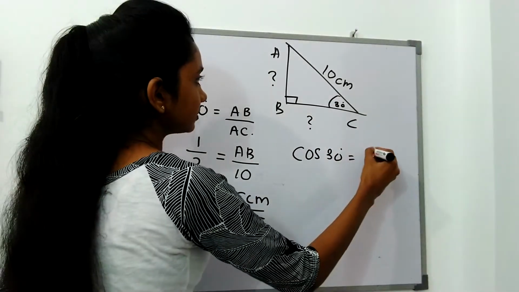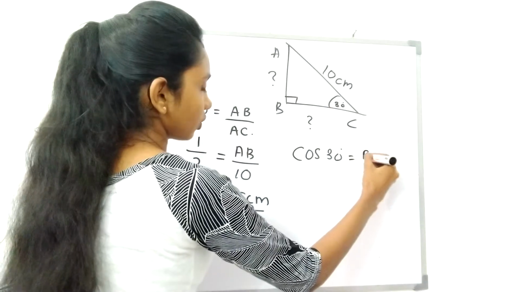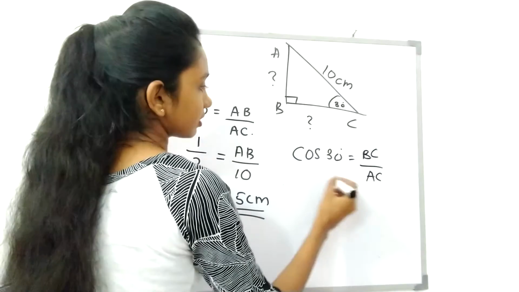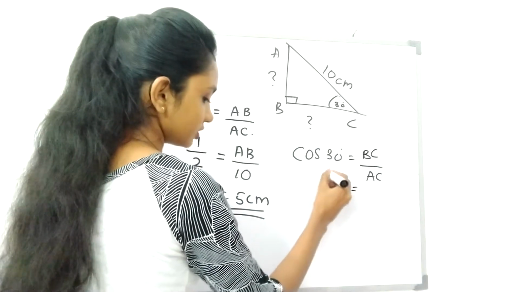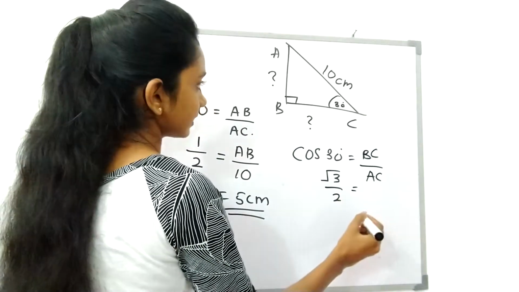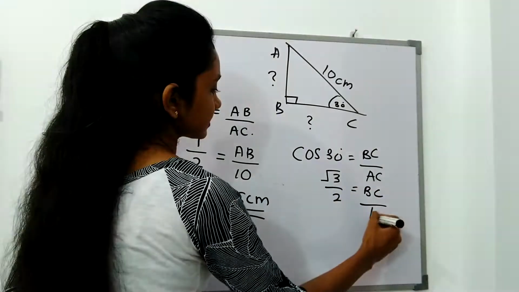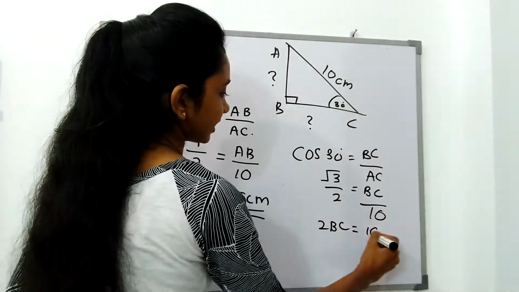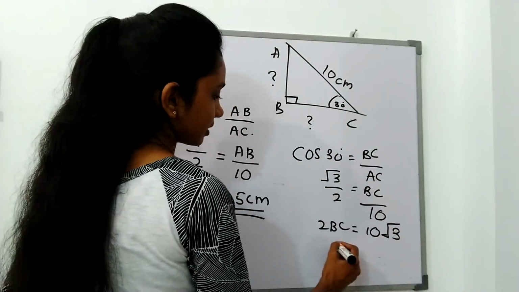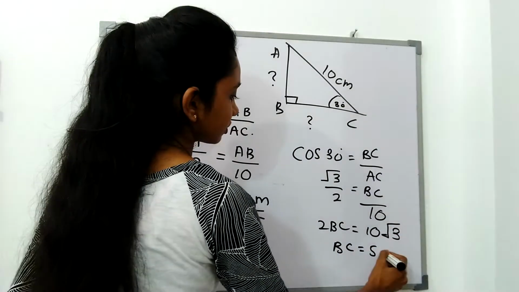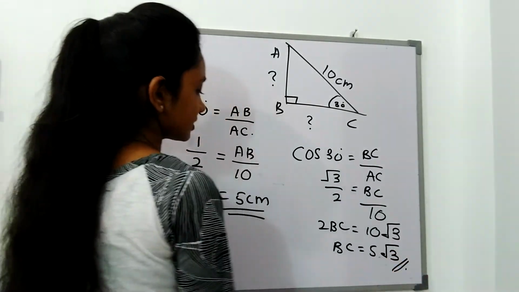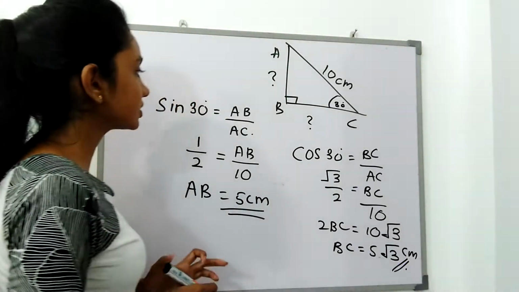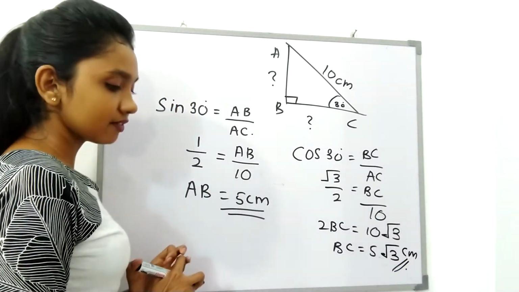Cos 30 is equal to BC over AC, so root 3 over 2 equals BC over 10 centimeters. Cross multiplying, 2BC is equal to 10 into root 3, so BC is equal to 5 root 3. This is the length of BC. So this is the way of applying cos and sine values to solve sums.